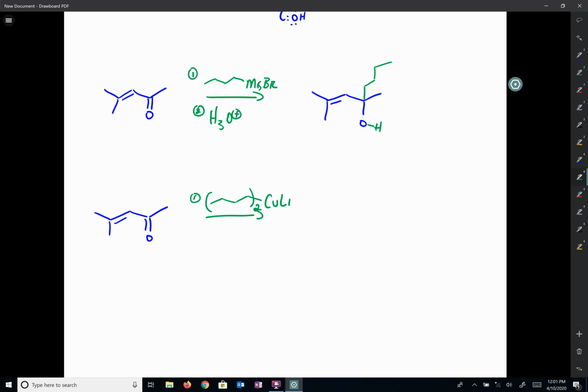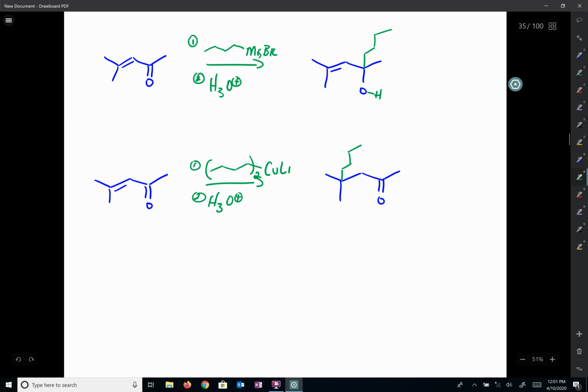The way they react, how nucleophilic they are, how reactive they are, it's going to be a little bit different, right? And so if we do that, what we will get is this product here. And we'll have to come back and clean things up with acid, right? Okay, that's fine.